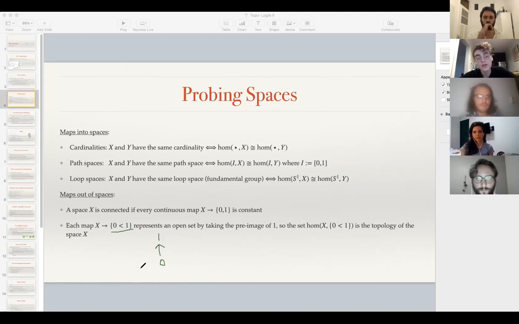And if I take the pre-image of 1 of any map of this, because of properties of continuous functions that we talked about last week, if people want to get into the specifics, each map like this will actually represent an open set in the topology on X, if X is a topological space. Meaning that the set of all of these maps, so if we look at Hom from X to this Sierpinski space, is actually the topology of the space itself. So this is another way of defining a topology by taking a collection of maps onto the Sierpinski space.